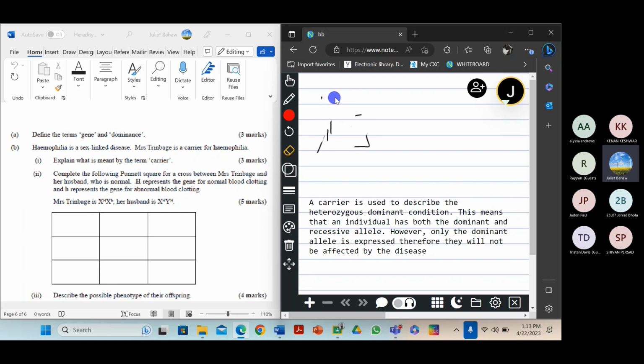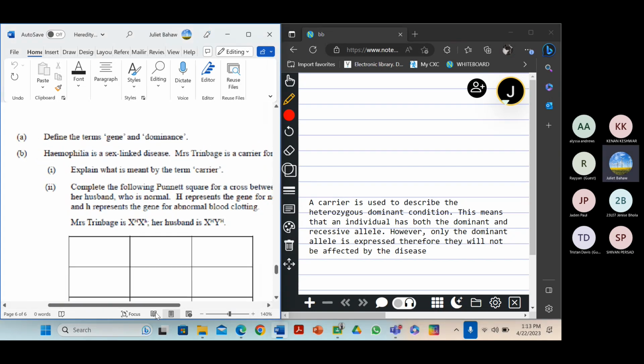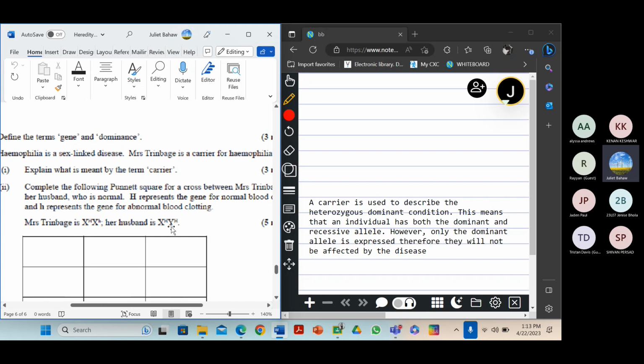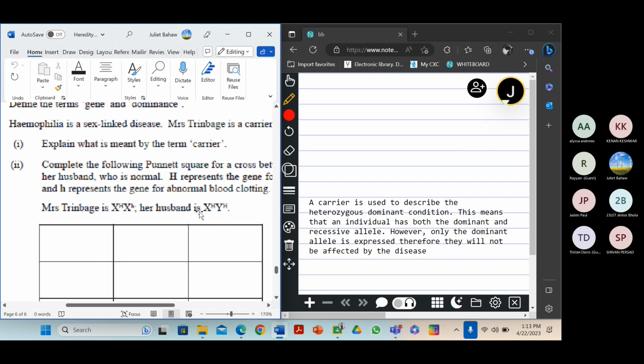All right, so let's go into the working now. So they have a Punnett square already drawn for you. They give you the actual genotype. So they're telling you that Mrs. Trinbage is the carrier, and he has. If you can't see it, I'll zoom in a little more. How would you describe his genotype?